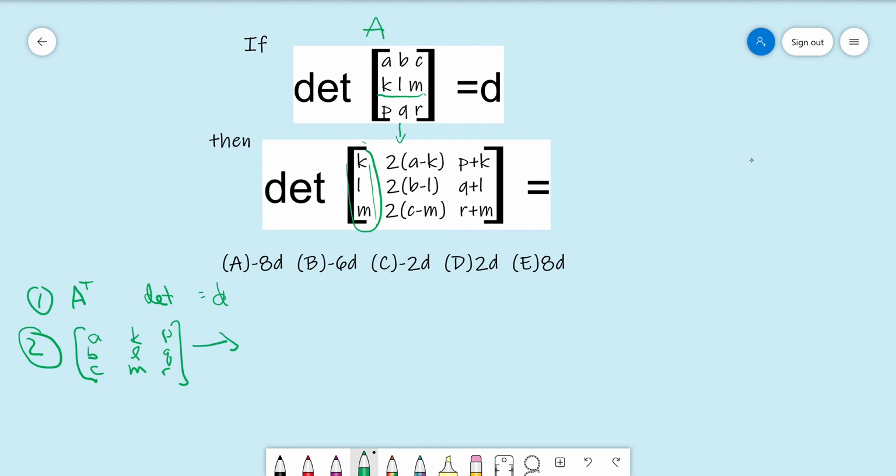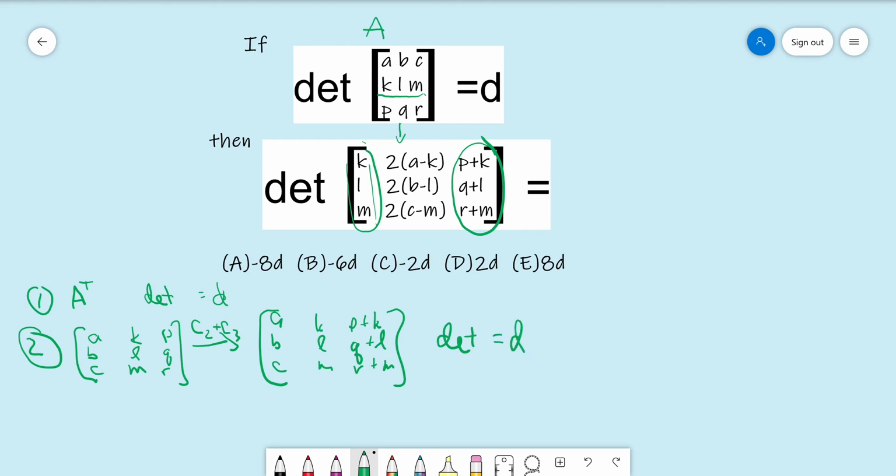Here I can see that if I add the second column to the third column, I'll get P plus K, Q plus L, and R plus M. So we're going to do column 2 plus column 3, and that's going to give us A, B, C, K, L, M, and here we're going to get P plus K, Q plus L, R plus M, and our determinant is still going to be D because adding one column to another doesn't change the determinant.